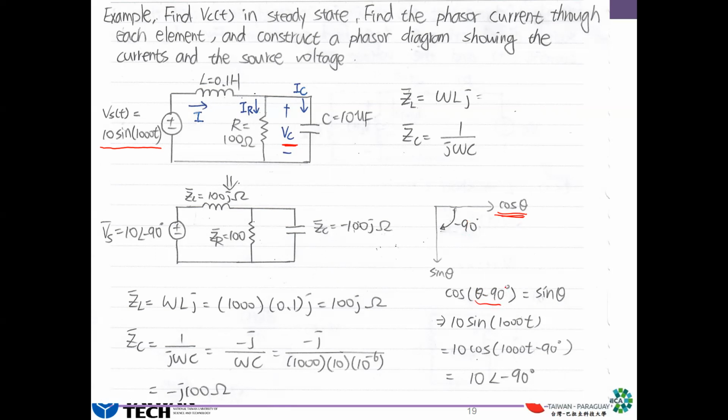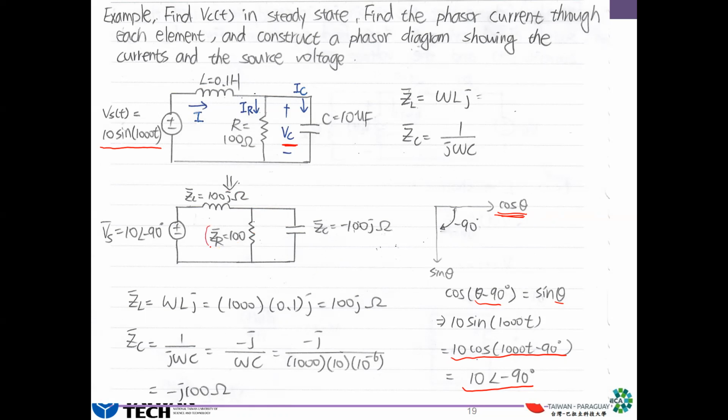Then we replace this theta with 1000t. So we have 10 sine 1000t equals 10 times cosine of 1000t minus 90 degrees. So once we convert to cosine, the phasor representation of the voltage source is 10 at minus 90 degrees.